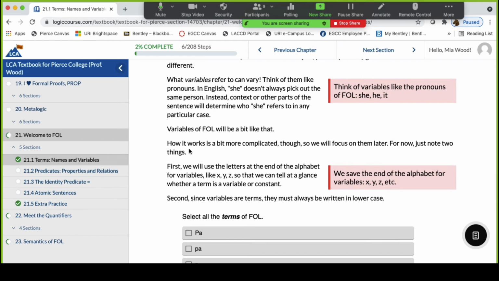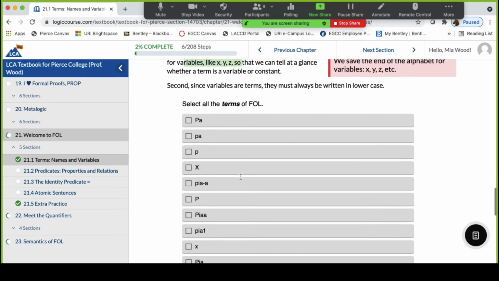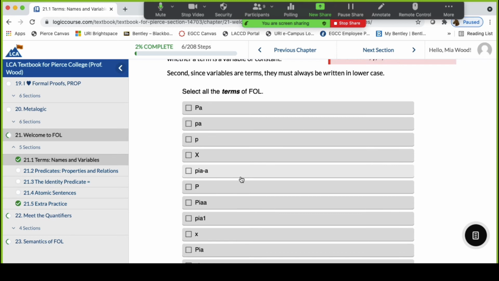So far, remember for our variables, the standard is lowercase xyz. Although depending on the range, I use W for Walter, but there are times when you need more variables than XYZ.